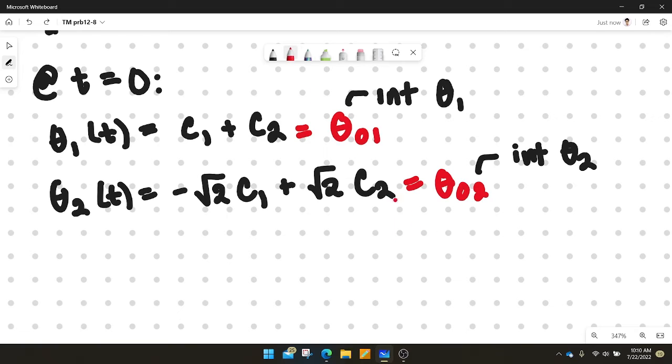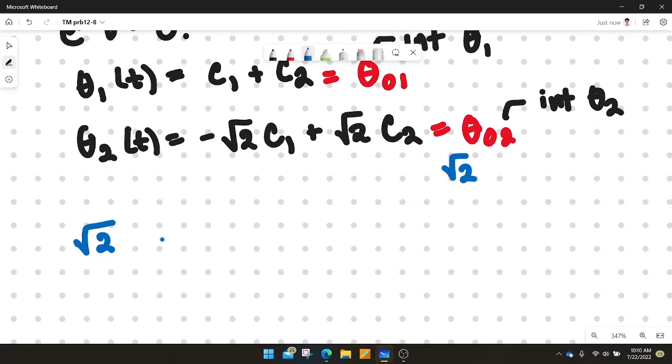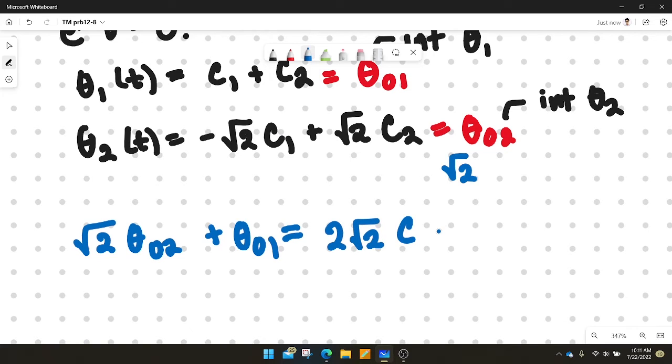So if we put a square root of 2 times theta O2 plus O1, what does that give us? If this was square root of 2 and we just add them together, we can cancel out our square root of 2 prefactor, or just the coefficient, and then this term would cancel, right? Because it's positive, negative. So we're left with 2 square root of 2 C1 cosine omega 1 t.